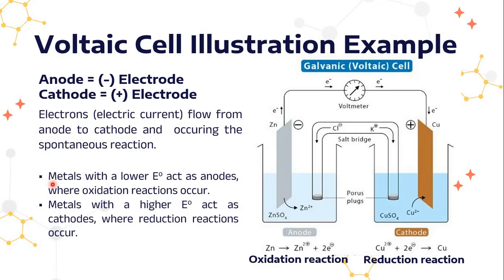The terms are like this: metals with a lower potential act as anodes where the oxidation reaction occurs, and metals with a higher potential act as cathodes where the reduction reaction occurs. So we can conclude that Zn, or zinc, has a lower potential than copper.